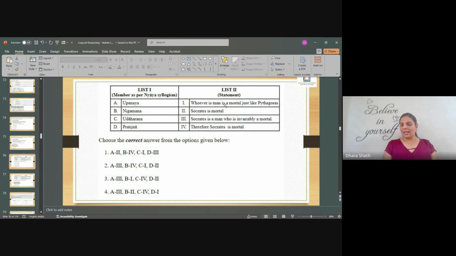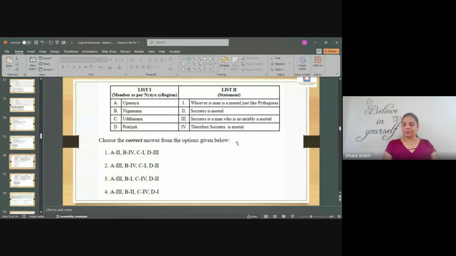Whoever is a man is a mortal, just like Pythagoras. When I see just like Pythagoras, I understand that it could be an example. Socrates is a mortal. This could be a Pratijna or proposition. Socrates is a man who is invariably a mortal.